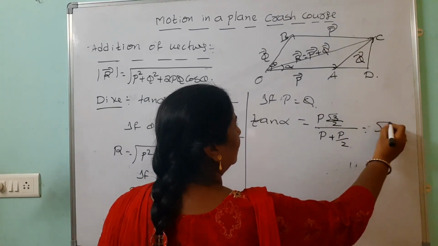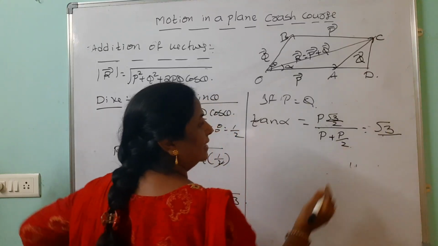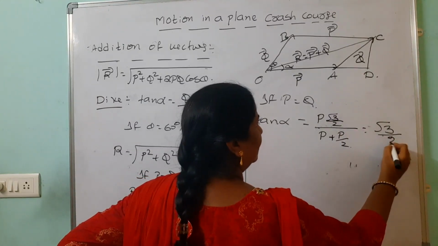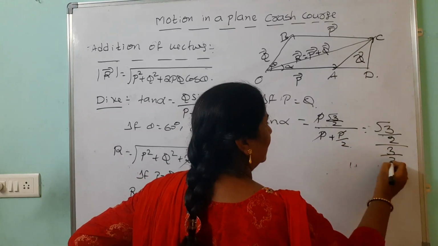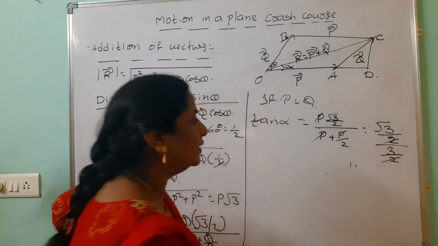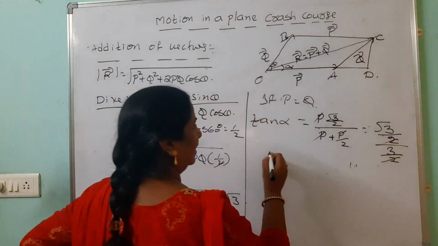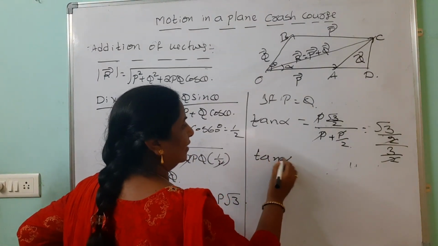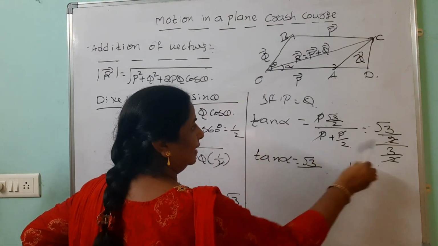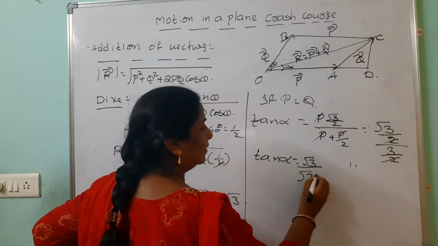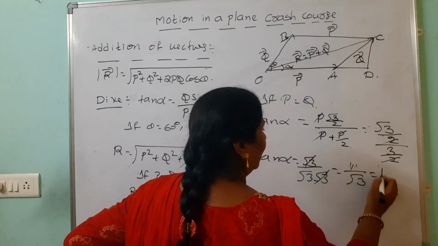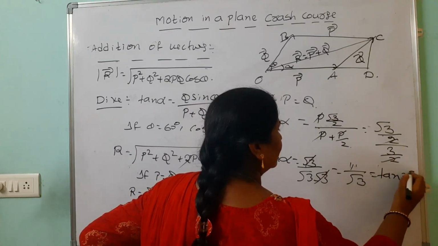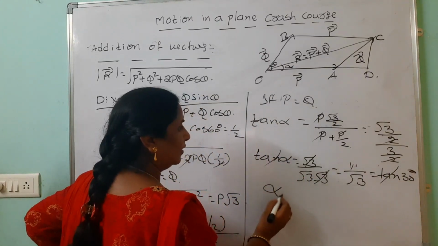Your answer is root 3 by 2 over, here P you can take 1 plus 1 by 2 is 3 by 2. So root 3 by 3 we can write. Tan alpha equals root 3 by 3. This 3 we can write as root 3 into root 3. After simplification, 1 by root 3. 1 by root 3 is tan 30 degrees. So alpha clearly you are getting here.